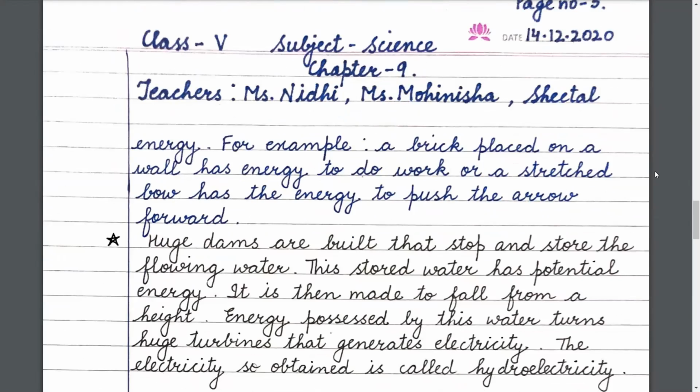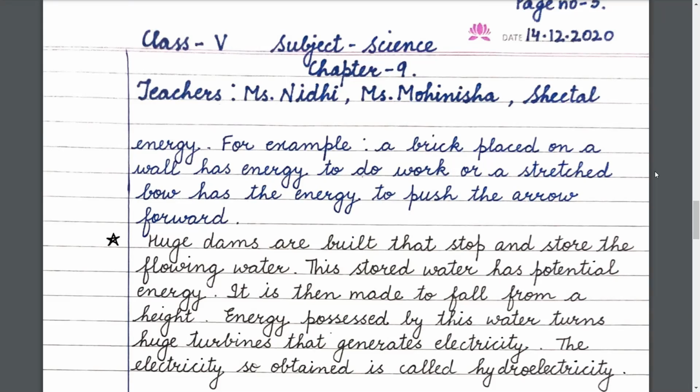Now, huge dams are built to stop and store the flowing water. This stored water has potential energy. It is then made to fall from a height. Now that flowing water possesses kinetic energy.